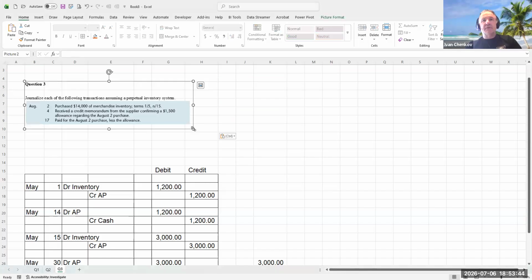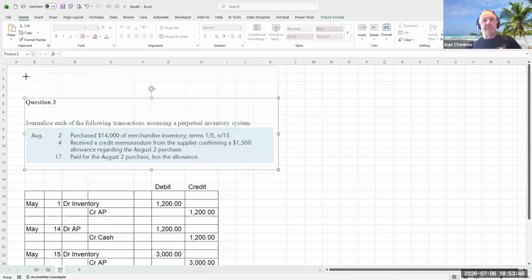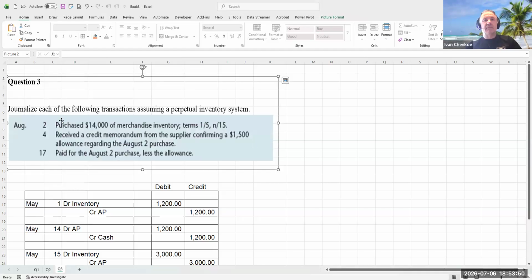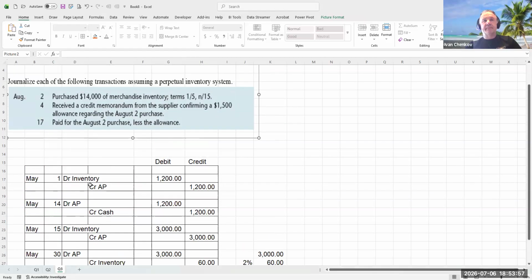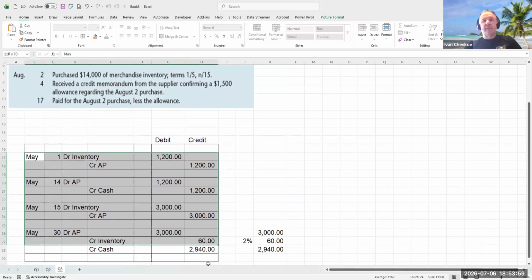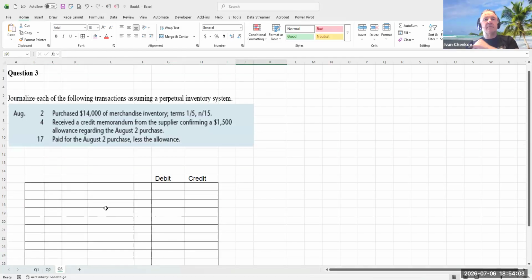This is our question. So this company, what's happened with this company? Again, they're purchasing inventory, and they have that perpetual inventory system. And delete all of those, and including this one.